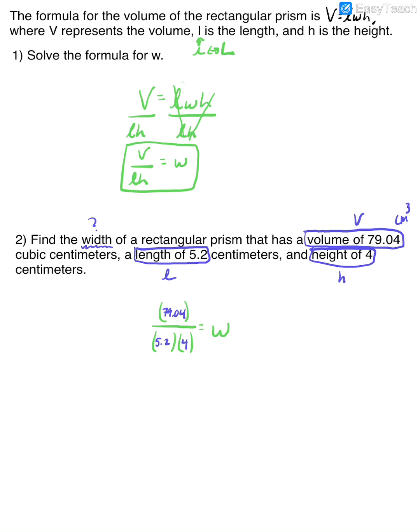So 5.2 times 4 gets me 20.8. And then dividing 79.04 divided by 20.8 gets me 3.8. And remember that because you have a context here, it'd be centimeters.